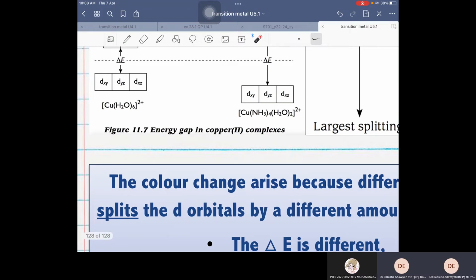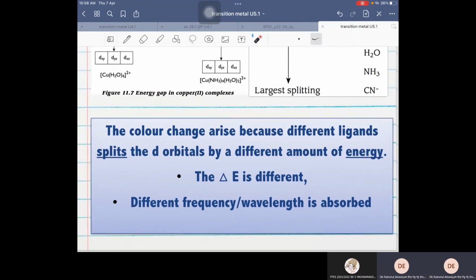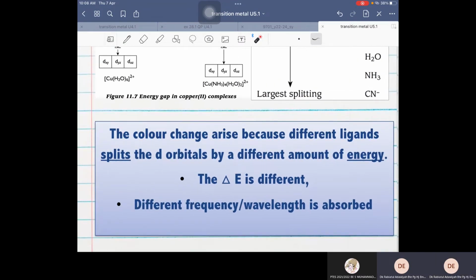The answer is this. First point, well, we changed the ligands, right? The H2O ligands are replaced by the chloride ligands. Therefore, the delta E is altered, or we say delta E is different, and so a different frequency or wavelength of light is absorbed.